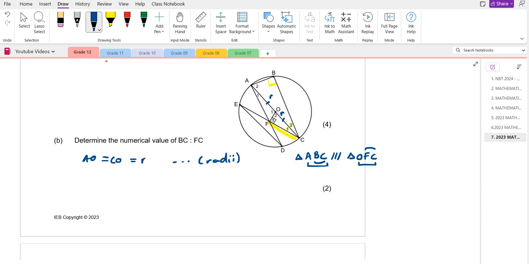Next I'm going to write down AC over BC. AC over BC is equal to OC over FC. That's because we have similar triangles and we have sides in proportion.